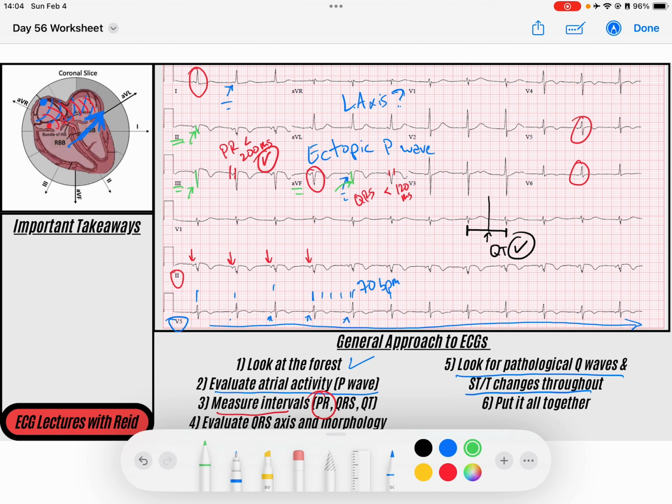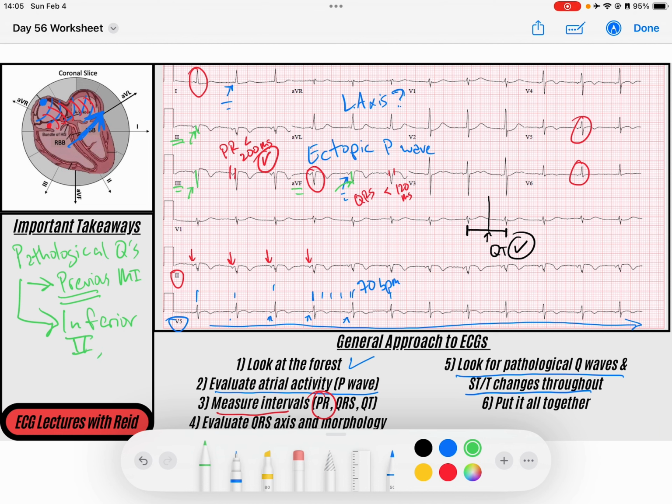And so that tells me these pathological Q waves are highly specific for a previous myocardial infarction in that region. Previous could be any time. It could be 10 years ago. It could be 10 minutes ago, right? So it doesn't necessarily tell us the time, but it tells us that it has happened before and this myocardium is not viable.